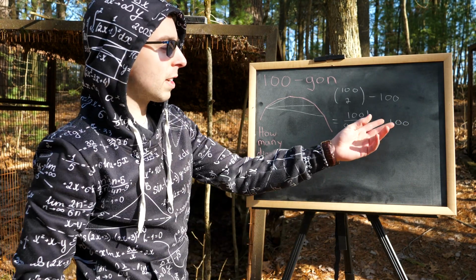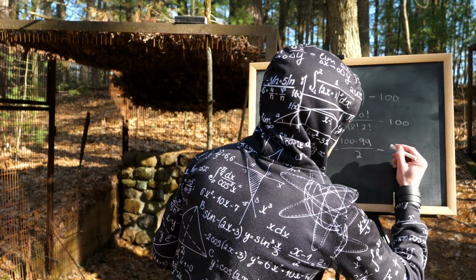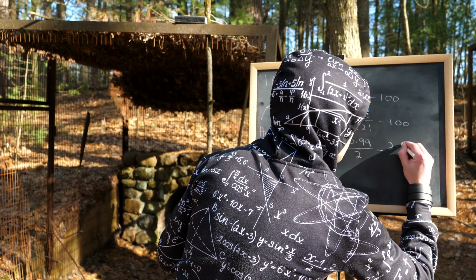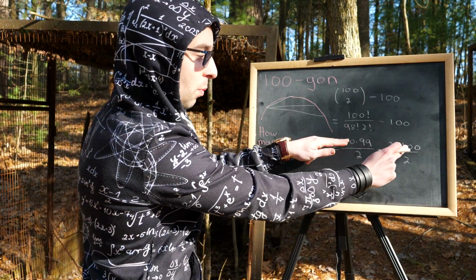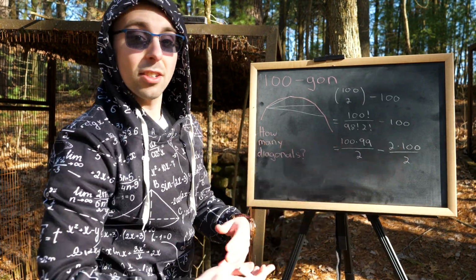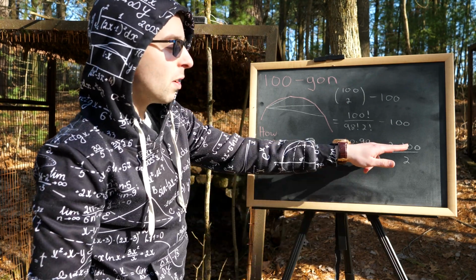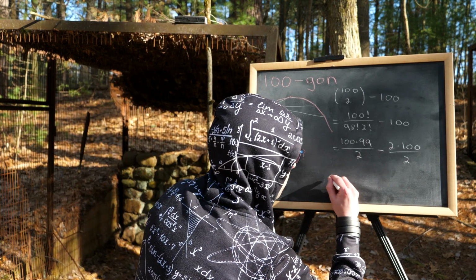Now, if we were to bring the 100 into this same fraction here, we would have to multiply it by 2 over 2. So it's like subtracting 2 times 100 over 2. We could just bring that minus 2 times 100 into this same numerator, and then we could factor a 100 out of both terms in the numerator.